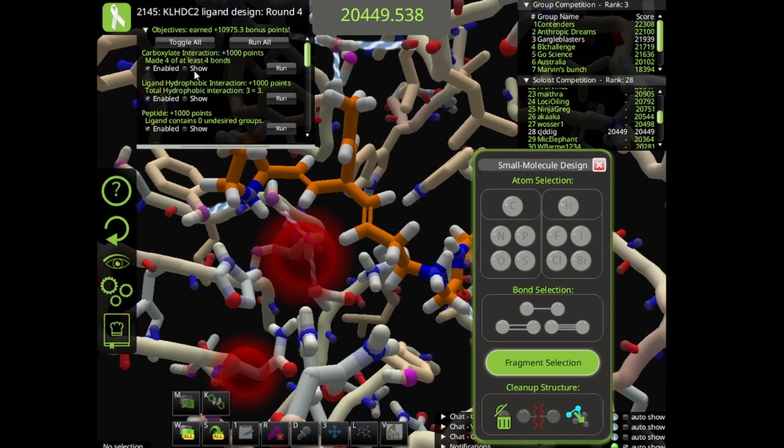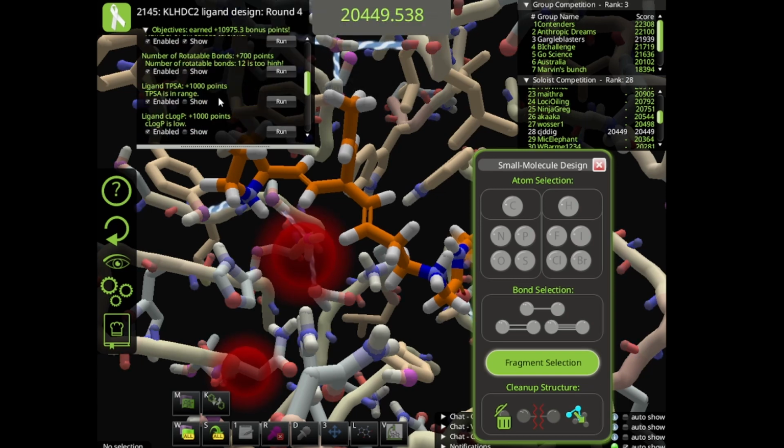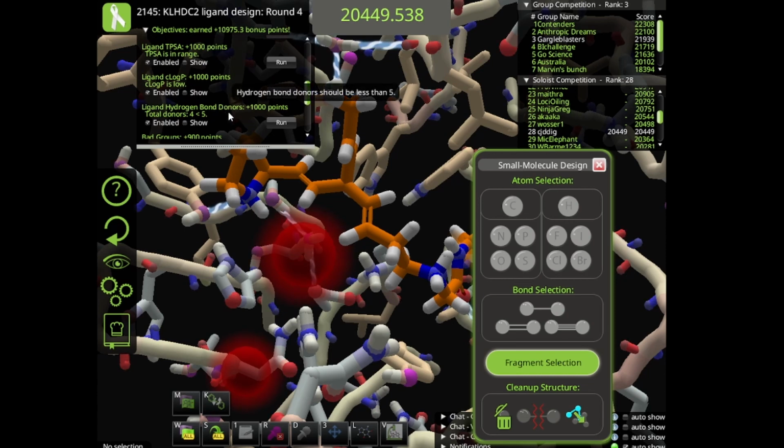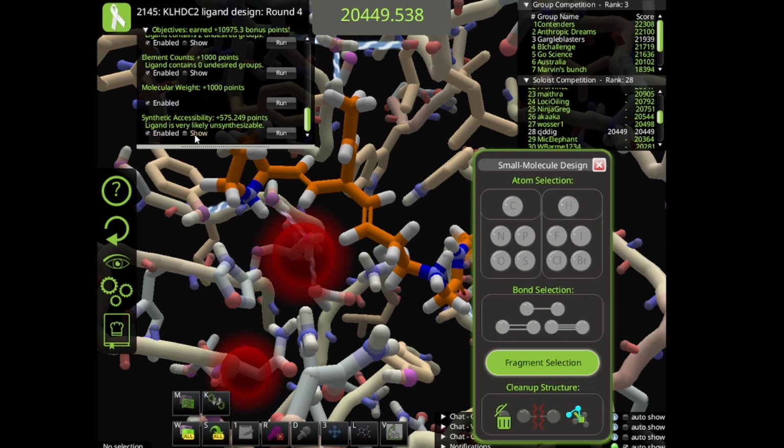Now I fulfilled carboxylate interactions, ligand hydrophobic interaction, peptide, TPSA, C log P, hydrogen bond donors, element counts, and molecular weight. But my ligand is very likely unsynthesizable here.